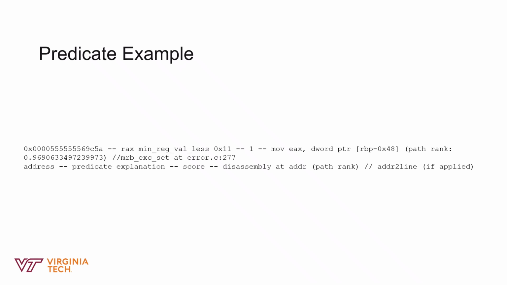In this case, it says that for the given instruction at this address, which I won't read out loud because it's too long, the RAX register is less than 0x11, or 17 in decimal. It also gives it a score, which we'll talk about later in the presentation, as well as the disassembly at that address, what the processor is actually doing.